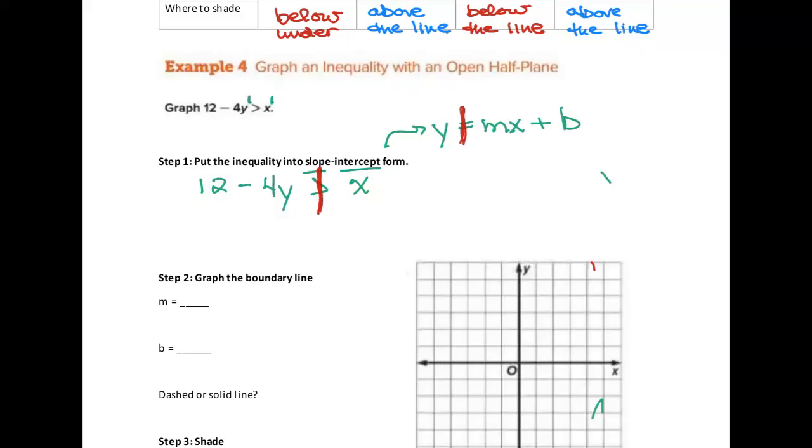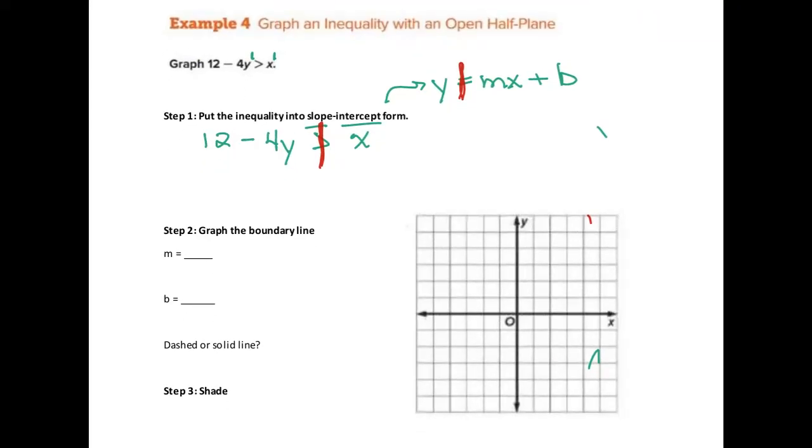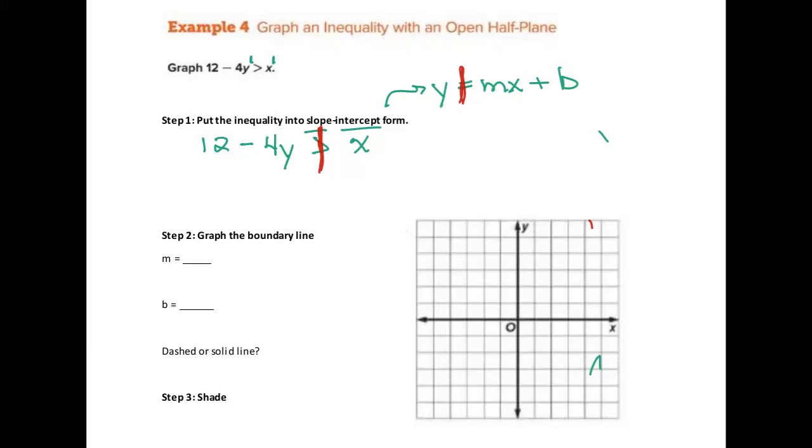I'm going to keep the y form right there. I need to move that 12. How am I going to move that 12 mathematically? Yeah, I need to subtract it. So subtract 12. And whatever you do on one side of the inequality, you do to the other. Subtract 12. The 12s are going to cancel out.